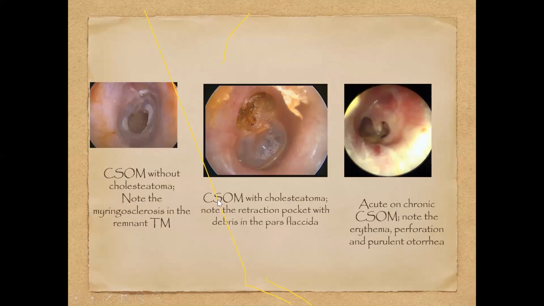Okay. This is chronic suppurative otitis media with cholesteatoma. Note that you have a retracted pocket in the pars flaccida with debris. So every time you examine a patient with chronic suppurative otitis media, you have to comment on the pars flaccida.